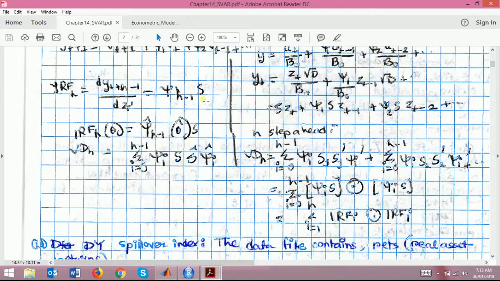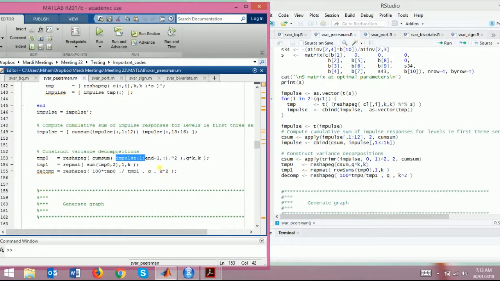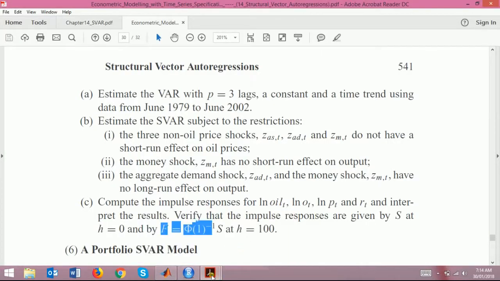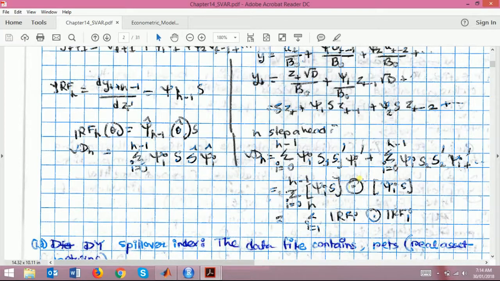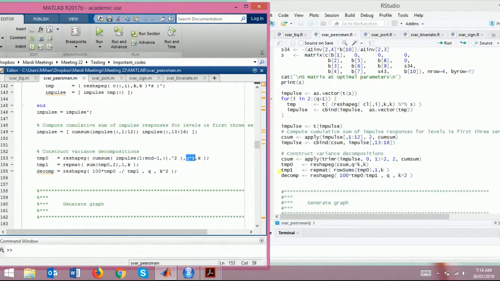Basically, impulse response function is psi h minus 1 S for all columns, which is squared, element by element squared, because IRF squared q by k rows, that will go up to q, 1 to h minus 1 rows, q by k rows, and k columns.